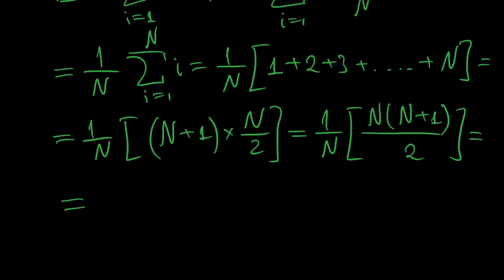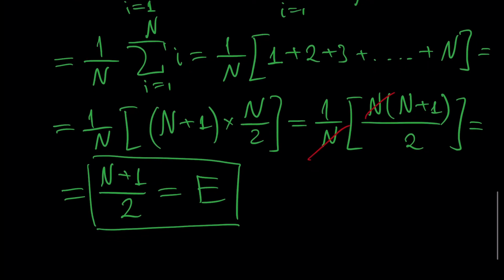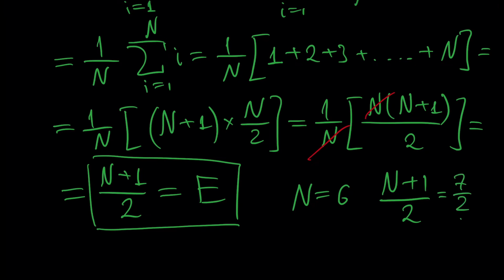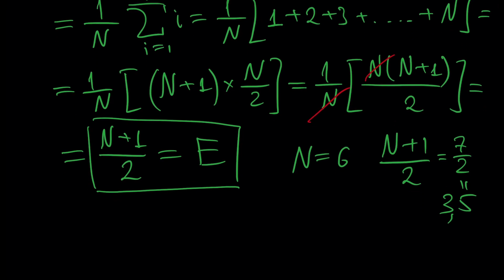And we have here the cancellation of this n and this n. And the answer will be n plus 1 divided by 2. So n plus 1 divided by 2 is the expected number of dots on the upturned face of our n-sided die. And of course, if n is 6, in this case, n plus 1 divided by 2 is 7 over 2, which is 3.5, as in our previous problem.